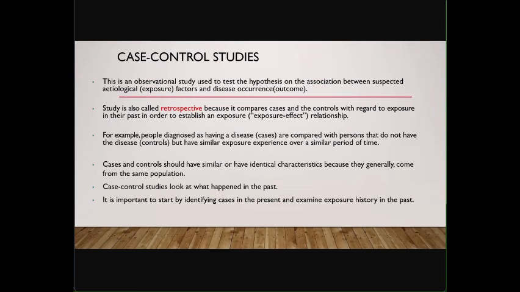Income, standard of living and all that. In terms of education, similar. So we have two groups of persons that are similar in every other aspect, except that one group has lung cancer, but the other group does not have lung cancer.